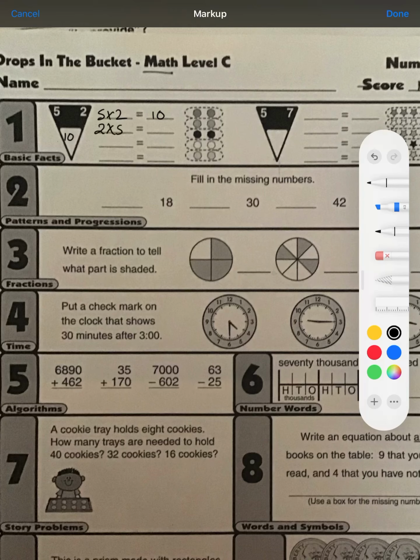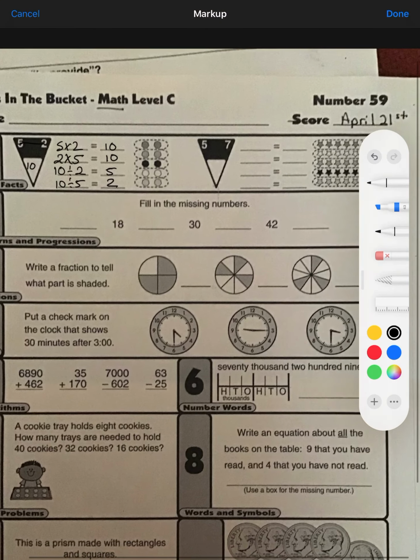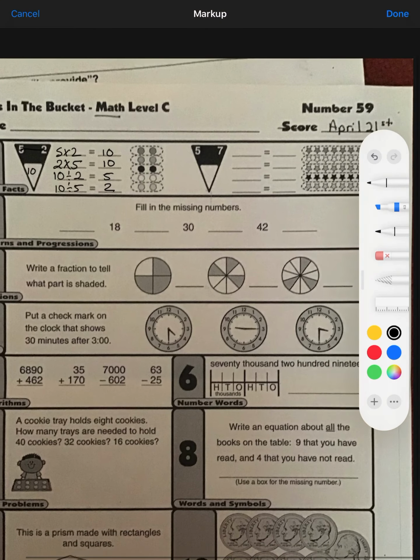And then you can switch those around because 2 times 5 is also 10. Then the inverse operation of multiplication, or opposite, is division. So if you start with the 10, 10 divided by 2 equals 5, and 10 divided by 5 equals 2. So that way you're staying in the fact family.